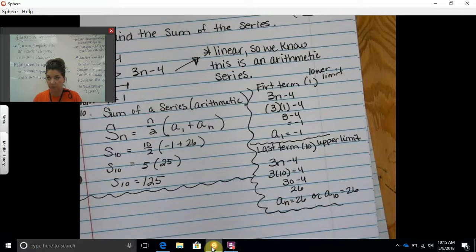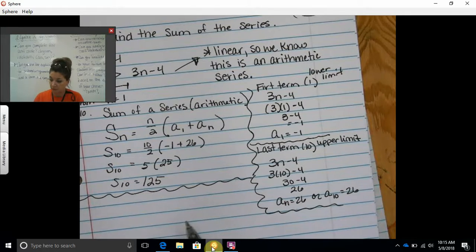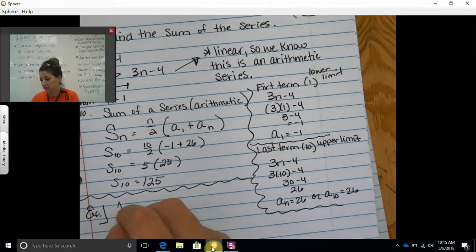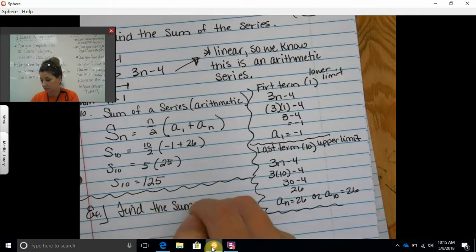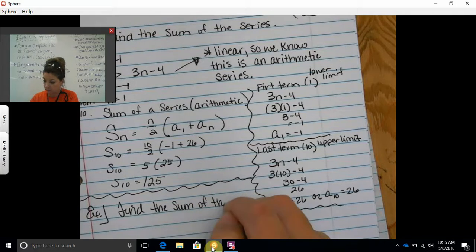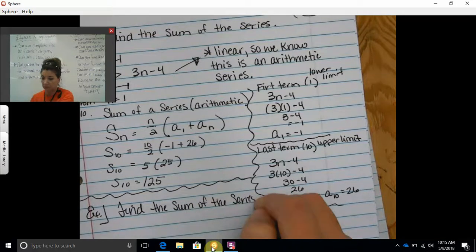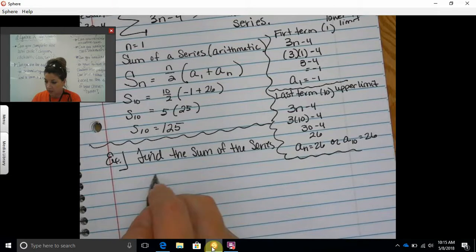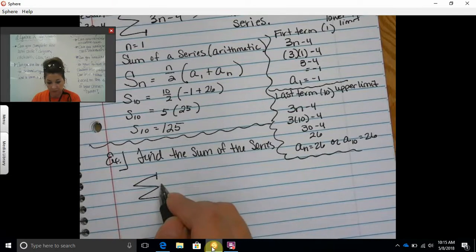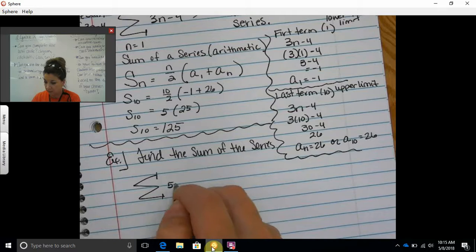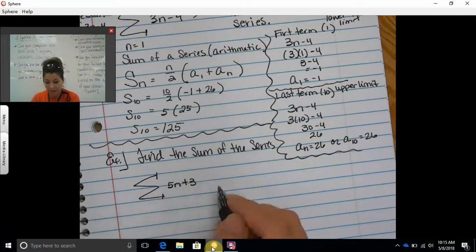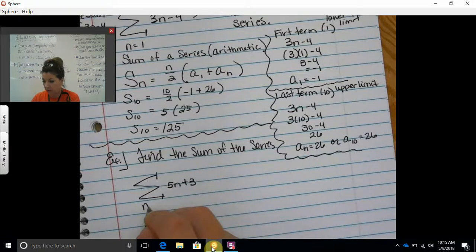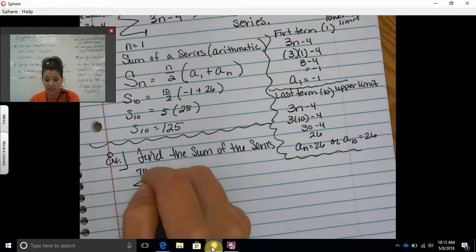One more. Find the sum of the series. So I have the sum of 5n plus 3 for values of n from 1 to 70.